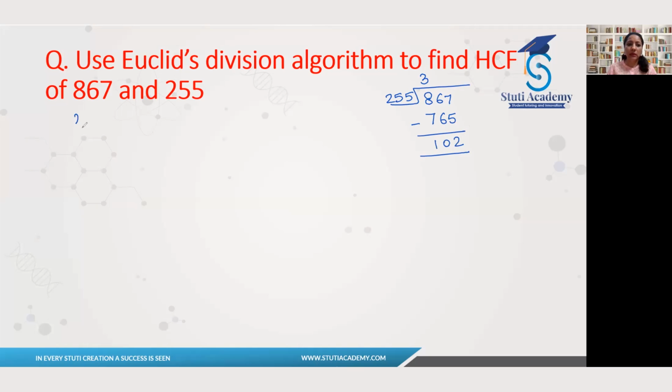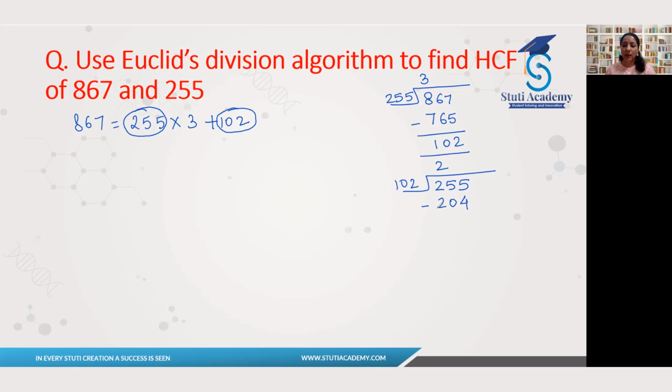So here we'll write dividend is equal to divisor into quotient plus remainder. Now the remainder is 102 and this is the divisor. Since we have a non-zero remainder, we are going to repeat the steps. So we'll divide 255 by 102. This will go 2 times and we'll get 204 here and we'll be left with 51 as the remainder.